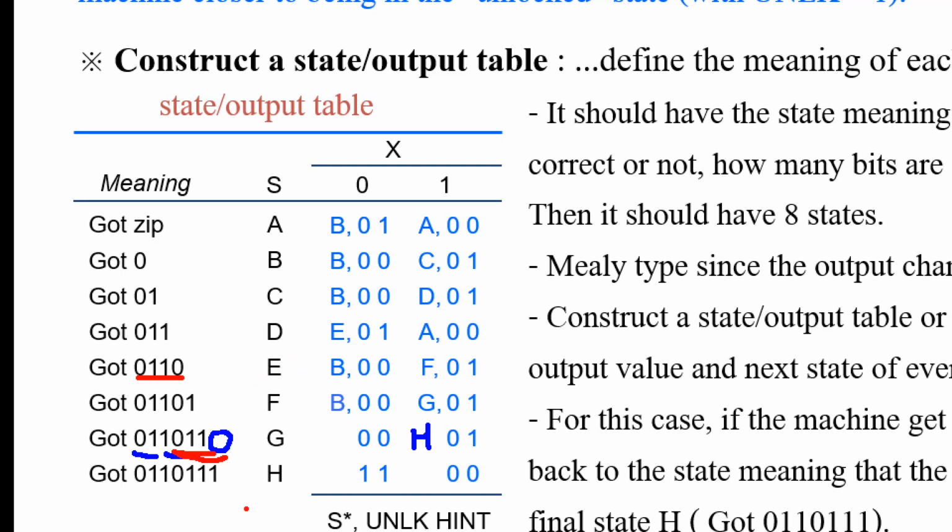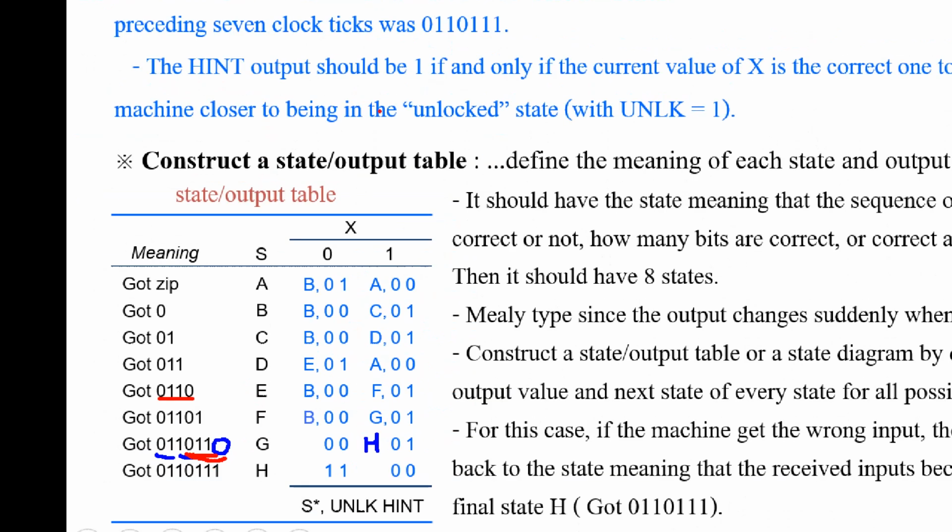That means if you apply 0 and then apply 1 1 1 for the next, it can be the correct password. So you can reduce this 4-bit 0 1 1 0.